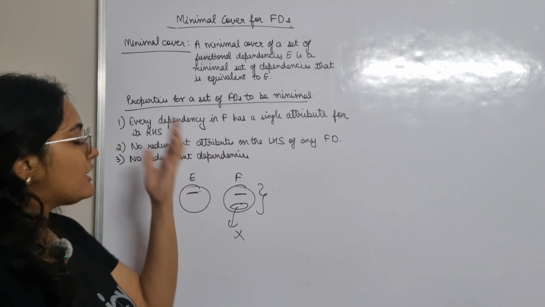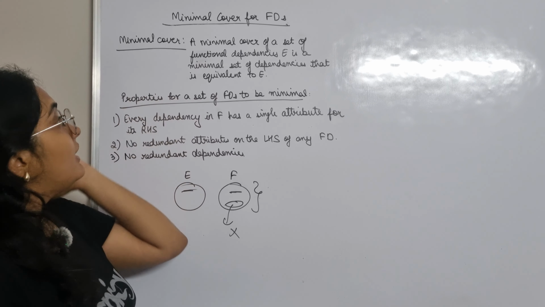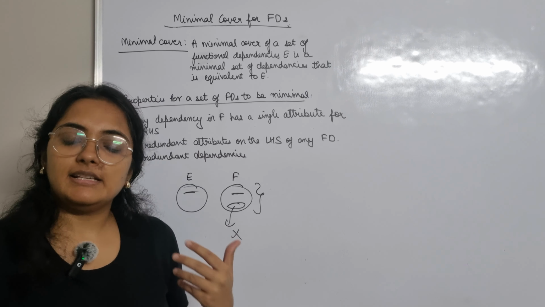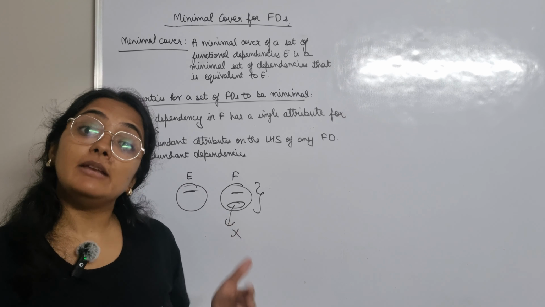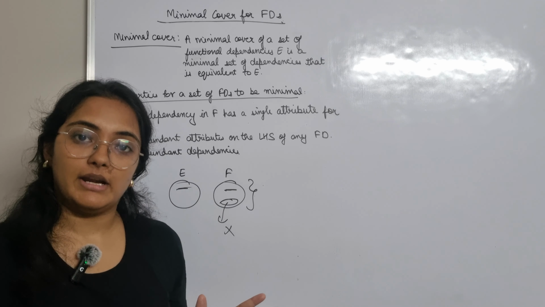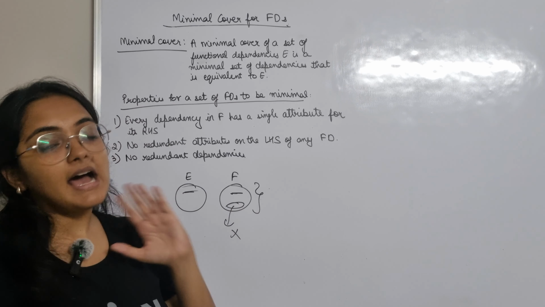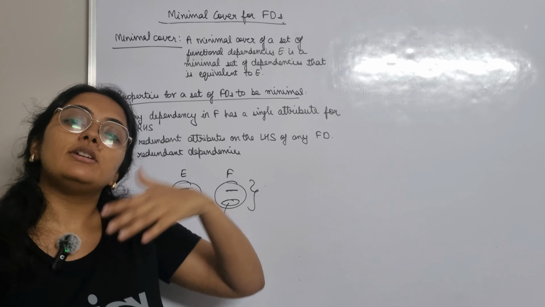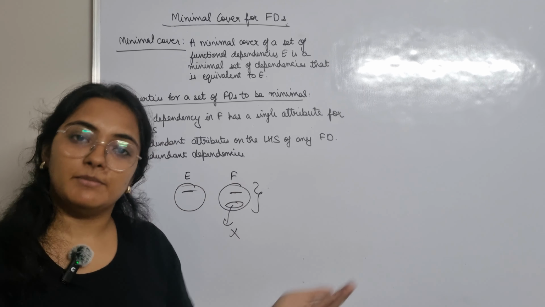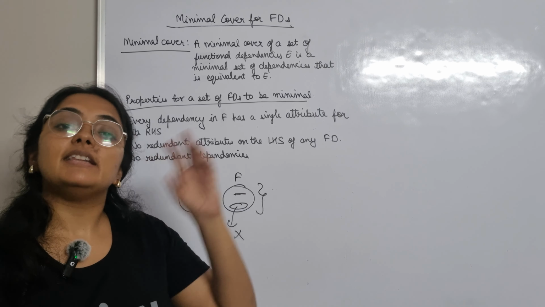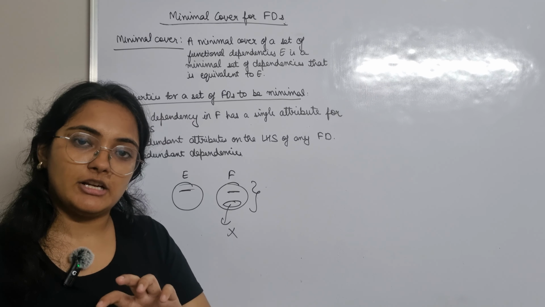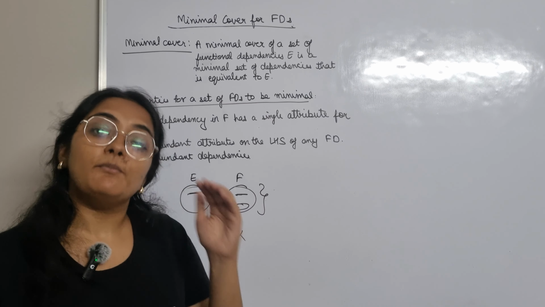Or we can also say that a minimal cover of any set of dependencies is the minimal set of dependencies that is equivalent. So whenever it is asked to find a minimal cover for a set of functional dependencies, we try to reduce the functional dependencies to their minimal form. Which means we find another set of functional dependencies that is equivalent to this particular set and is also minimal.